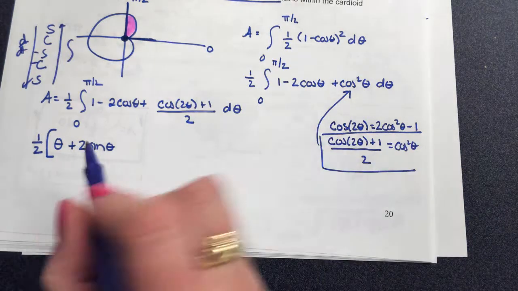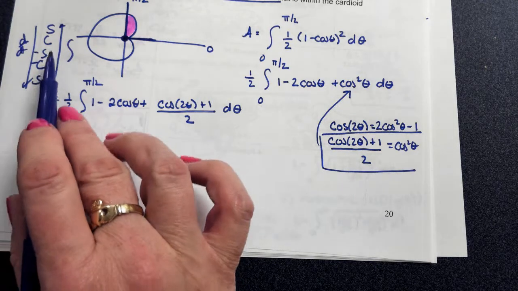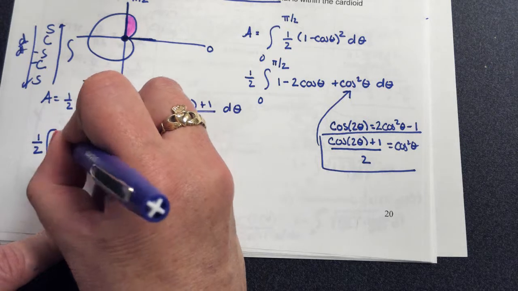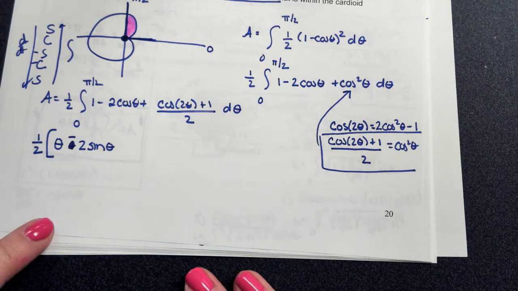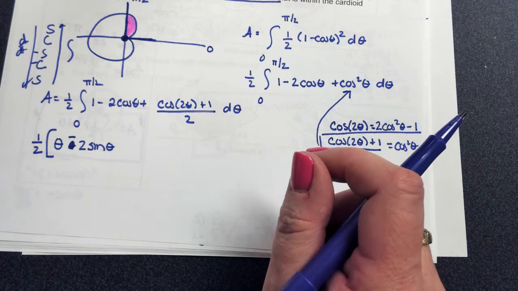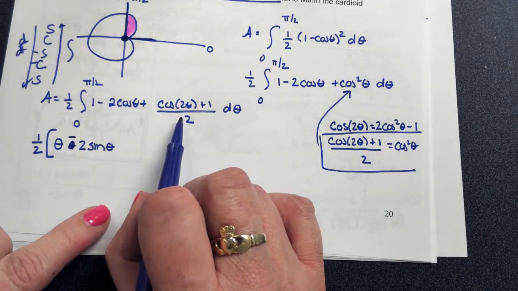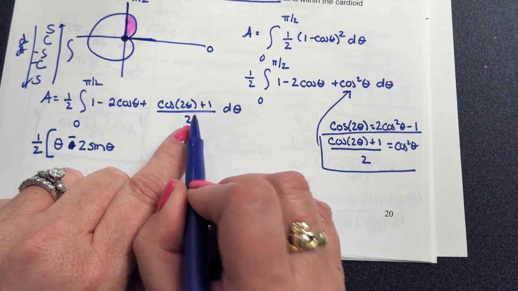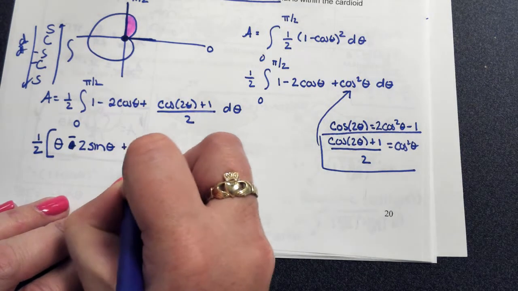Remember your little chart? The integral of cosine is going to be sine. You're right, so it should be minus. First of all, let me take care of the obvious one. Let me take care of this 1/2. That's going to be a plus 1/2 theta.